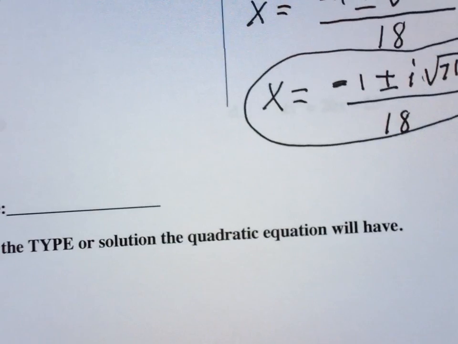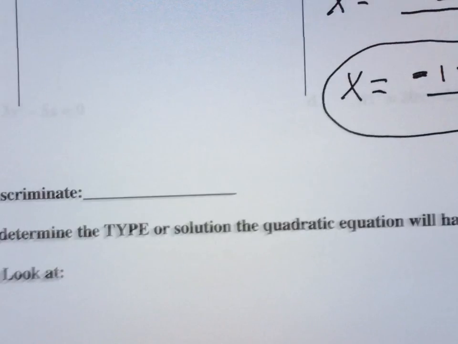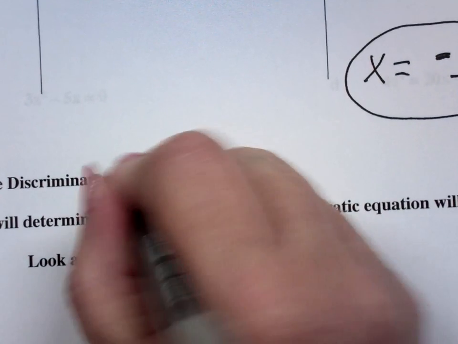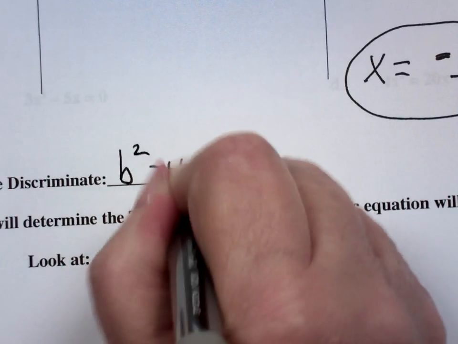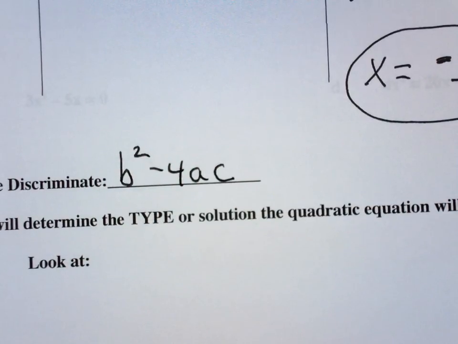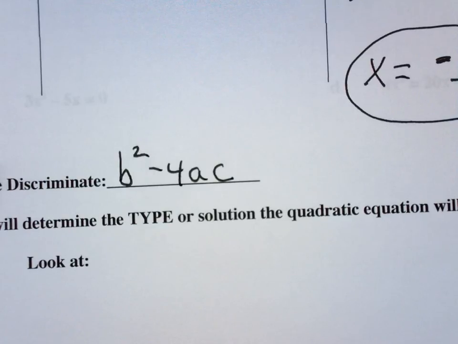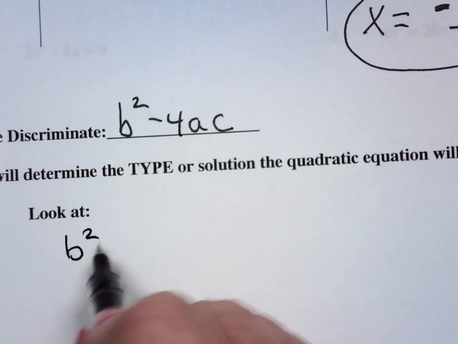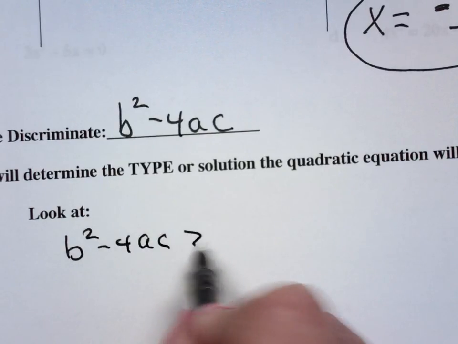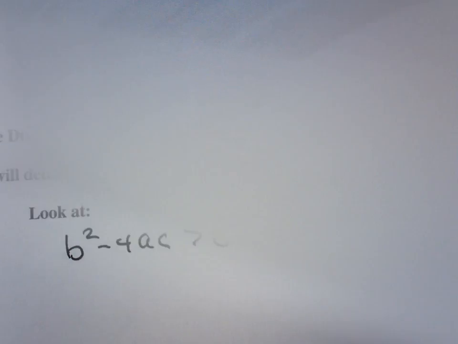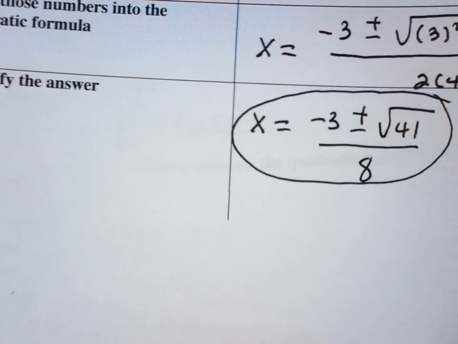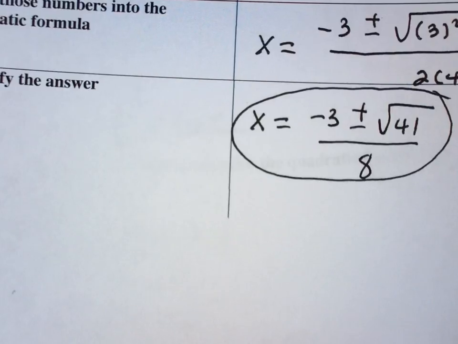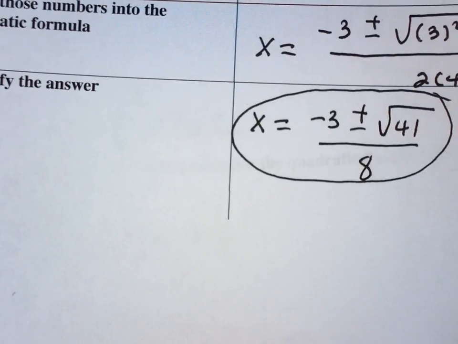Well, what's under the radical has a name, and the name is called the discriminant. And what it does is it tells you what kind of solutions that you have. We've already seen if b squared minus 4ac is a positive number, I have 2 solutions, and they're real.